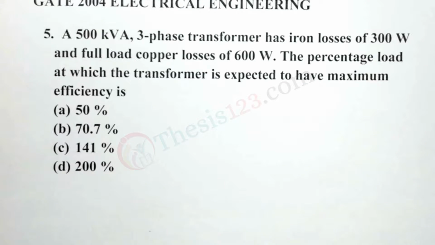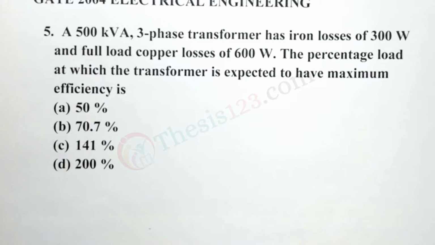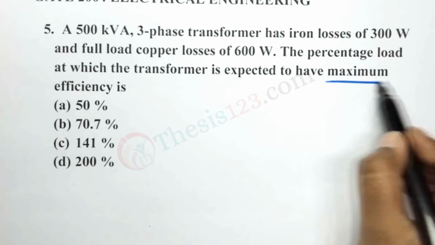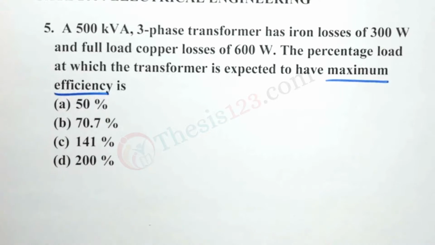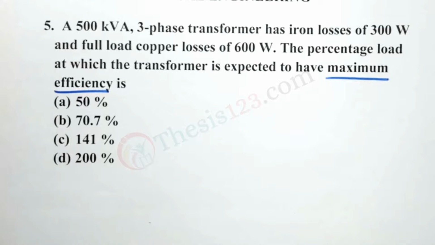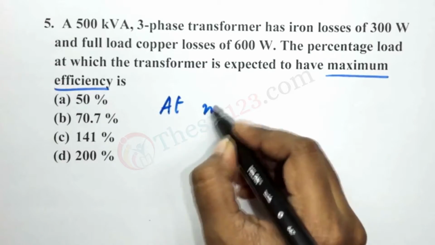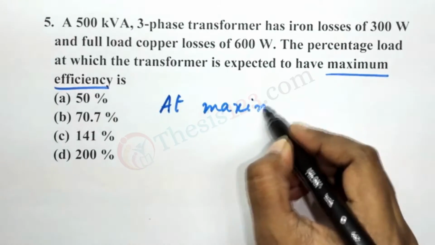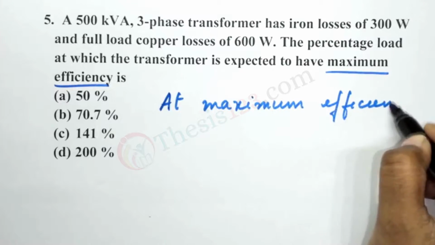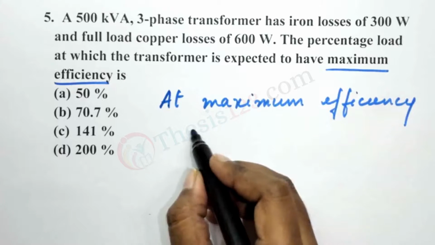Okay. So the question here asks for the condition of maximum efficiency. Now in order for the transformer to have maximum efficiency, now let me write that down here. At maximum efficiency, the copper losses must be equal to the iron loss.